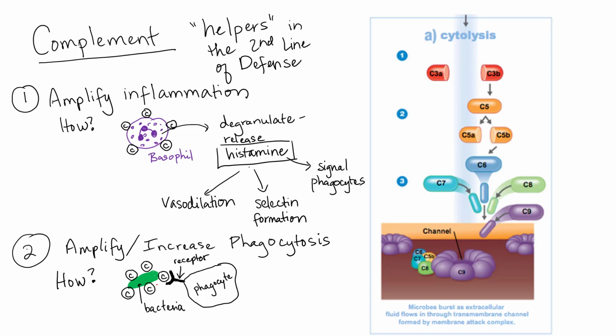And so when this particular receptor, the lock, comes in contact with the complement protein, which is the key, this is the magical reaction that triggers the phagocyte to say, okay, I'm going to eat this. This is a foreign bacteria that I need to digest by phagocytosis. And remember, we call that process opsonization.